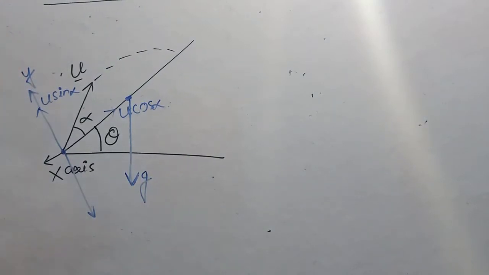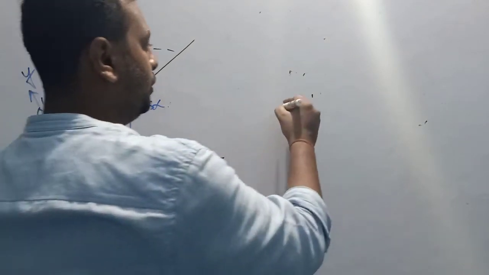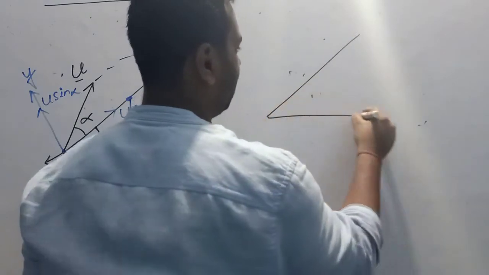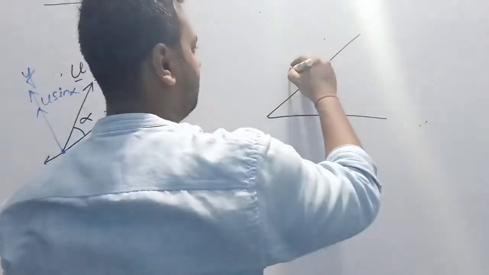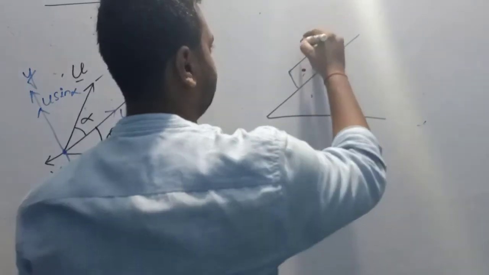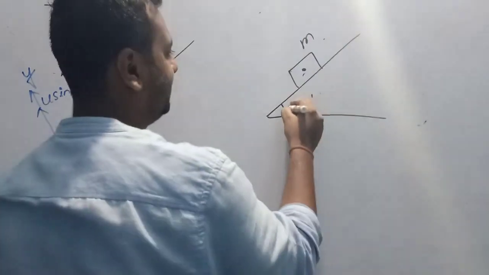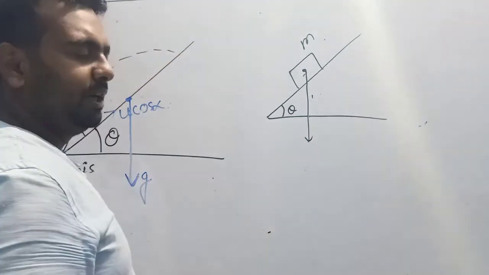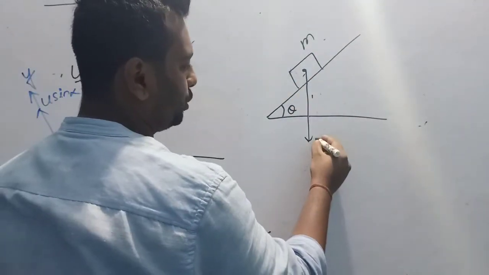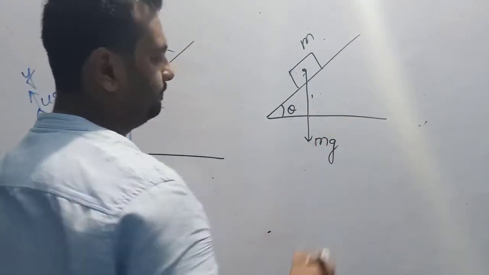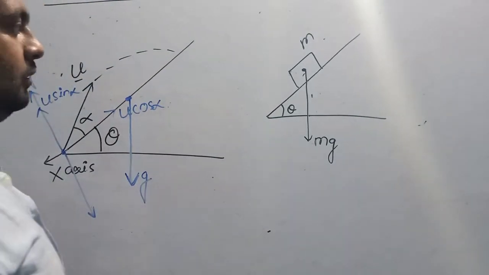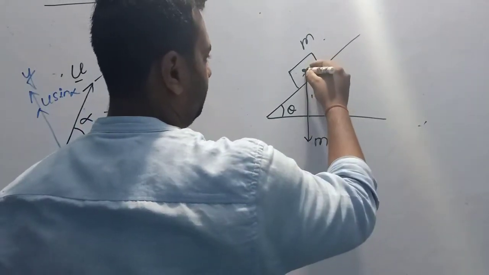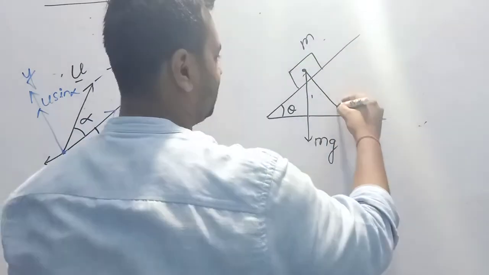In earlier concepts we discussed the motion of an object on an incline, where we studied that if there is a mass m on an incline making angle theta, then this object has some weight, and the direction of weight is towards the center of the earth. Now we can resolve mg into its components.